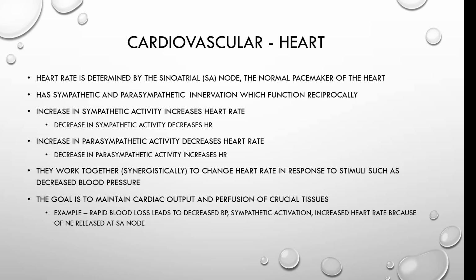That sympathetic activation results in an increased heart rate, again, to try to maintain cardiac output because the blood pressure has gone down, and it's important to increase heart rate through the release of norepinephrine at the sinoatrial node, and also the release of epinephrine from the adrenal medulla systemically to maintain blood pressure and cardiac output.